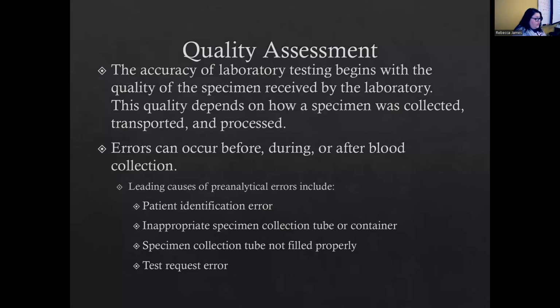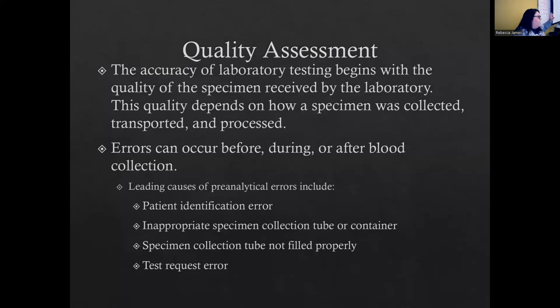So other types of potential pre-analytical errors include hemolyzed specimens, blood clots caused by inadequate mixing of evacuated collection tubes containing anticoagulants. So remember we talked about that not too long ago, that purple top tube has an anticoagulant in it.